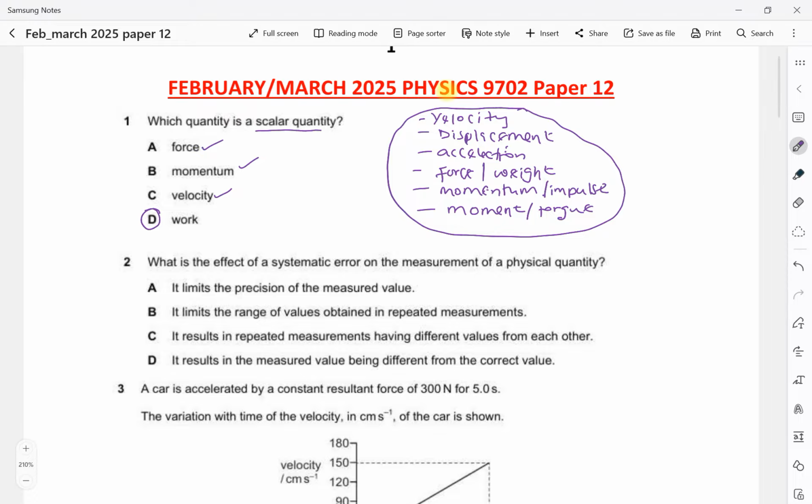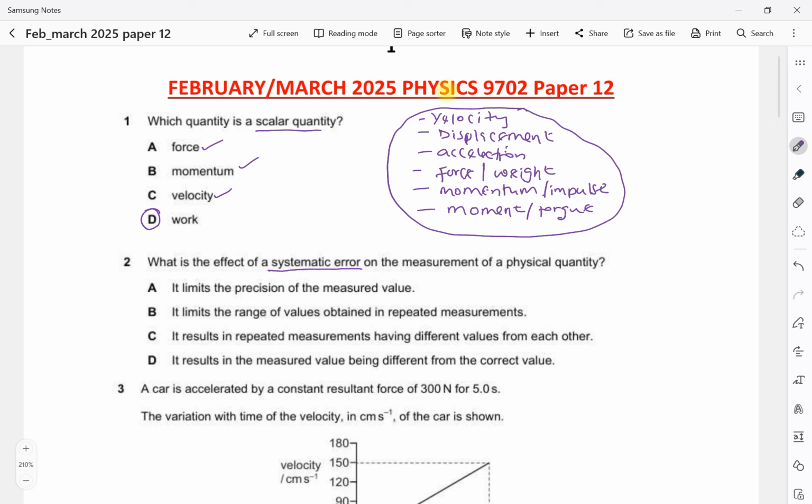What is the effect of a systematic error on the measurement of a physical quantity? So we know that a systematic error affects measurements in one direction, which means that all measurements are either above the expected value or all of them are below the expected value but not above and below at the same time.